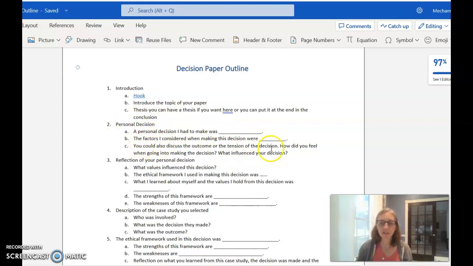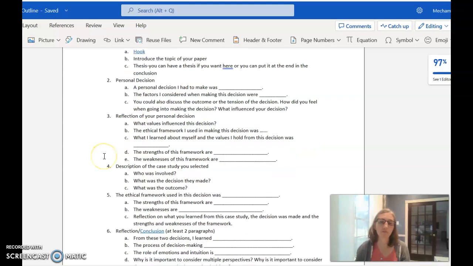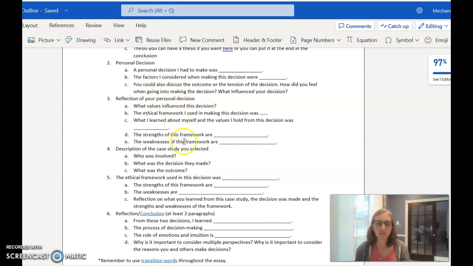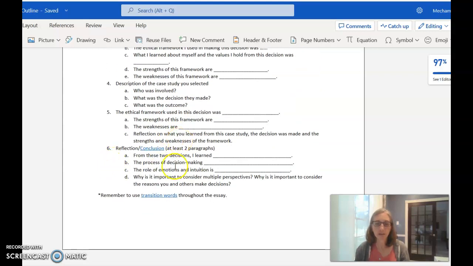And then the questions are just, hey, what is the tension you feel? How did you feel about this decision? Just thinking through that, then your answers are what you would put in there, right? So that's all for the body paragraphs. And then the conclusion. I also have another link here that talks about what you include in a good conclusion, which would be a summary of what you learned. In this case, it would be a reflection of what you learned. I have at least 2 paragraphs here because I think you should have at least 2 paragraphs.